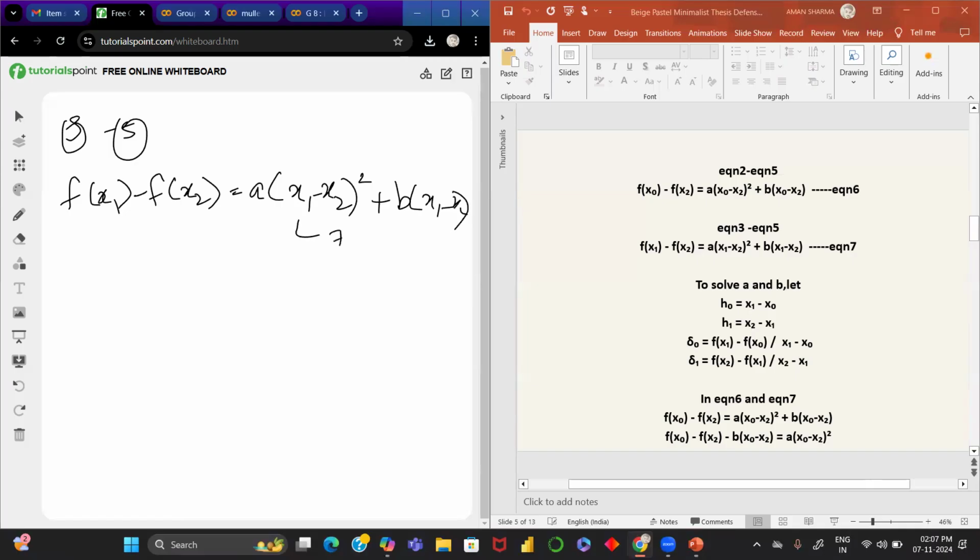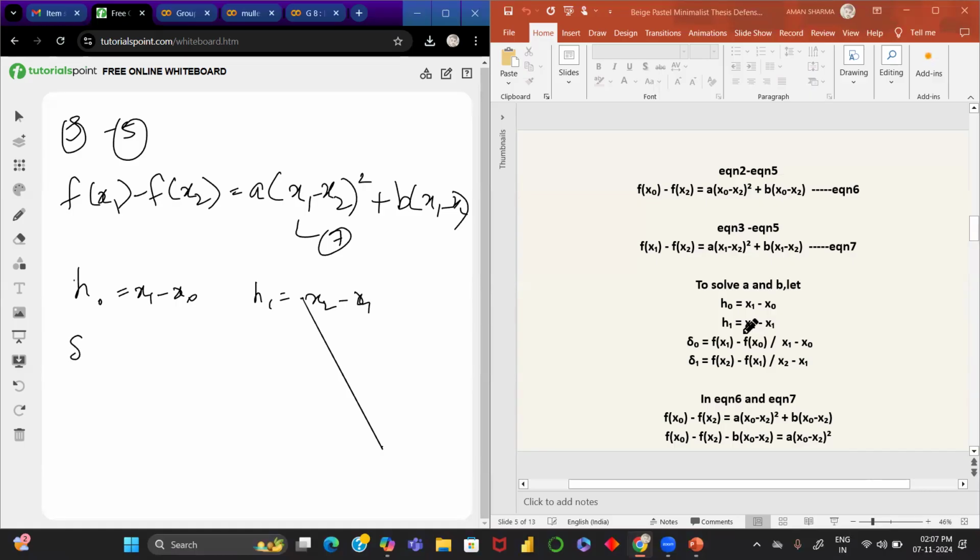This is equation 7. And to get a and b, we define h0 = x1 - x0, and h1 = x2 - x1.